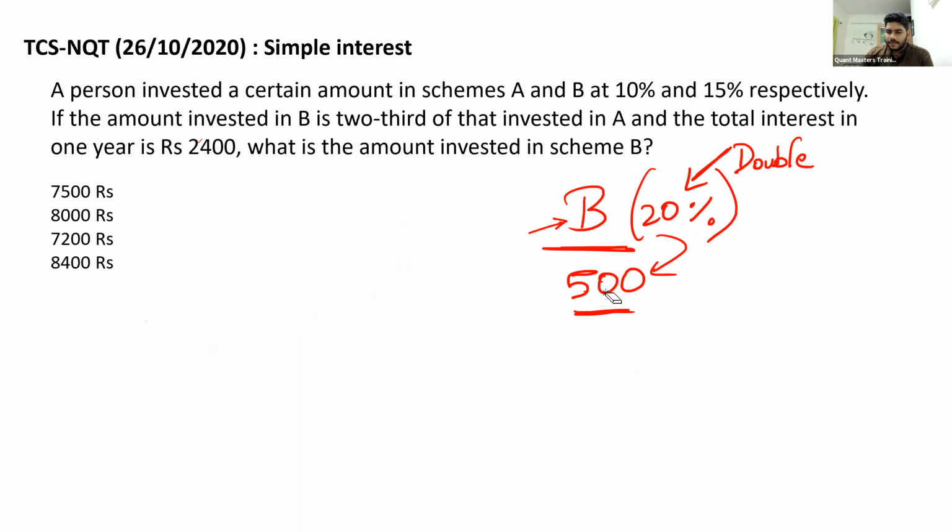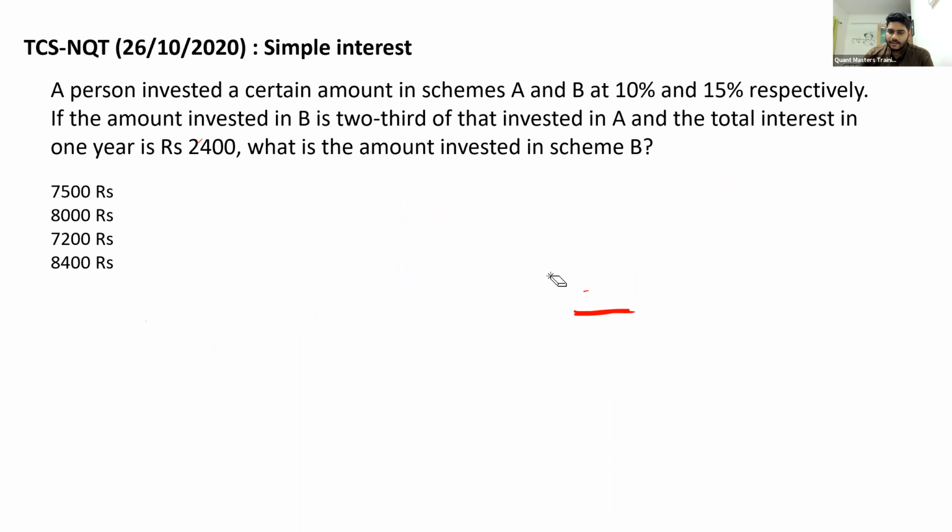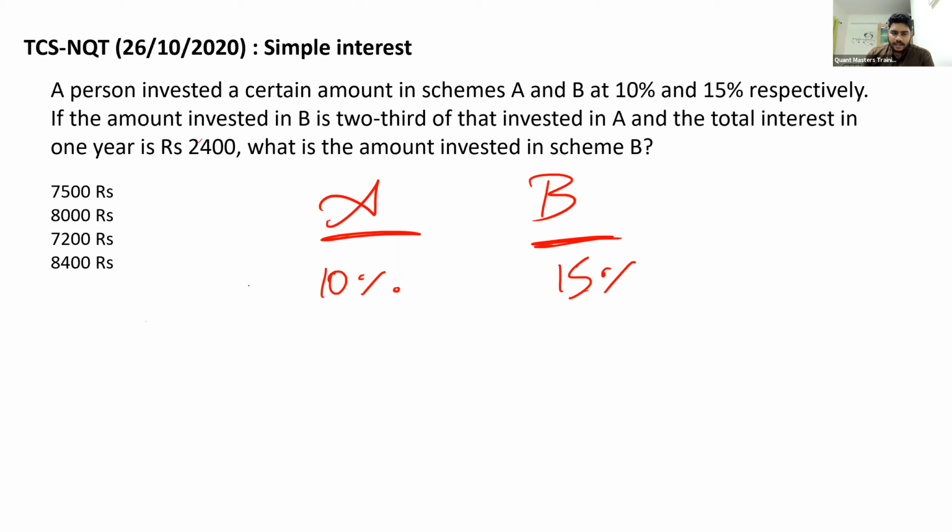Look at this sum, people. A and B are there. They're telling A is getting 10%, B is getting 15%. So can I say here the interest is 2/3? Isn't 10 2/3 of 15?